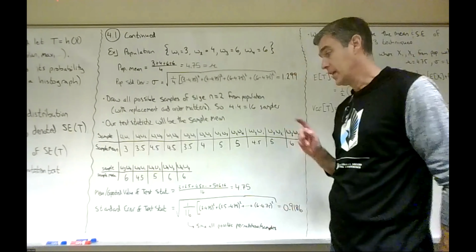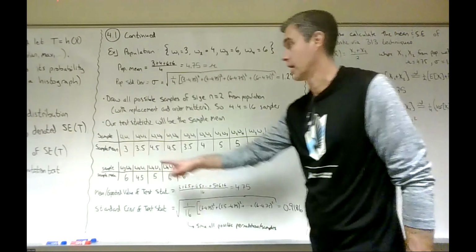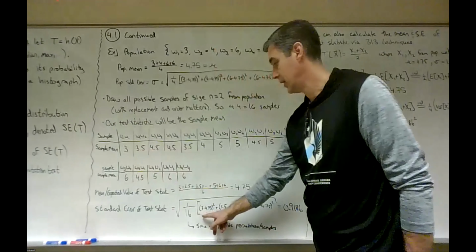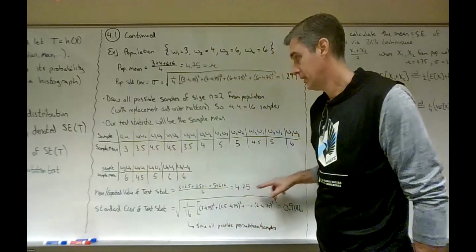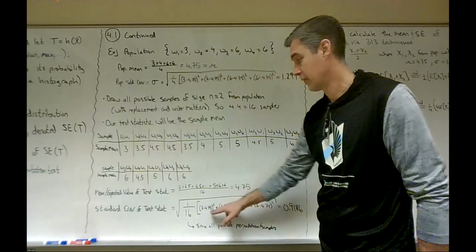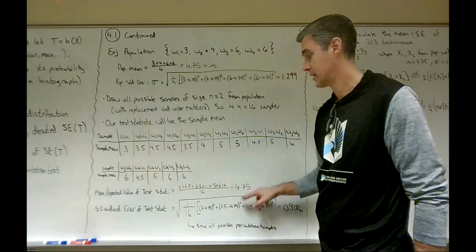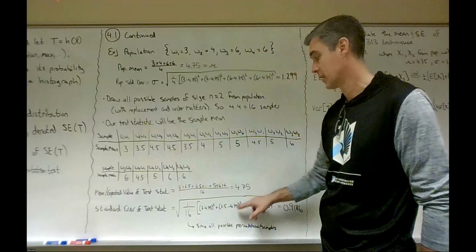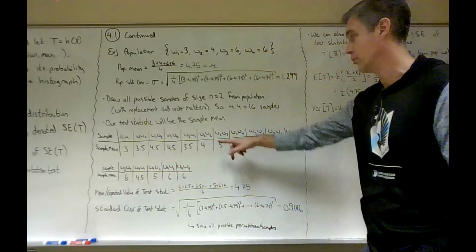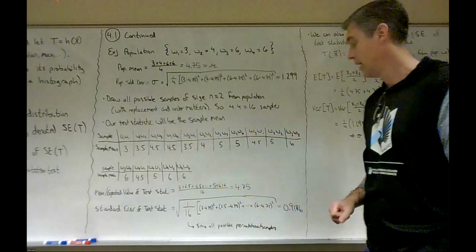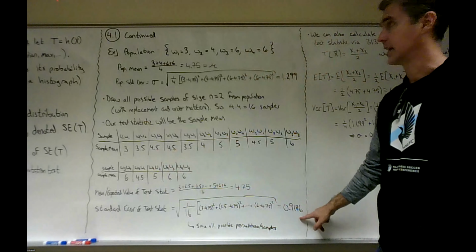All right, so for each of them, I'm going to say, well, look, I've got a sample mean of 3 minus my mean of my test statistic of 4.75 squared, sample mean of 3.5 minus my mean of the test statistic, 4.75 squared, through all 16 of those sample means, and I get 0.9186.